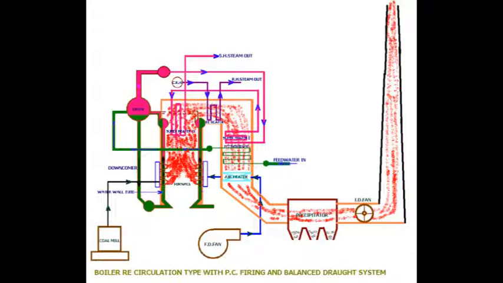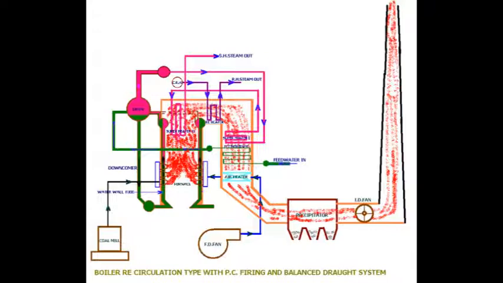At least it meets the requirement of the stoichiometric quantity of oxygen supply. Side by side, there is the excess air requirement to create turbulence, for which there is secondary air provision. Hot secondary air is supplied through the wind box.